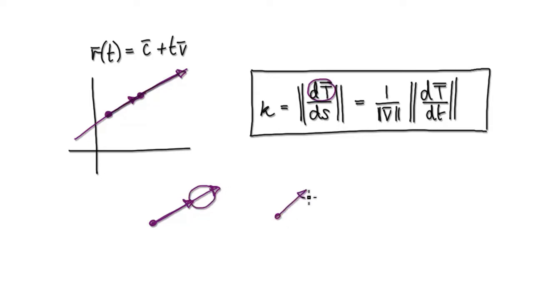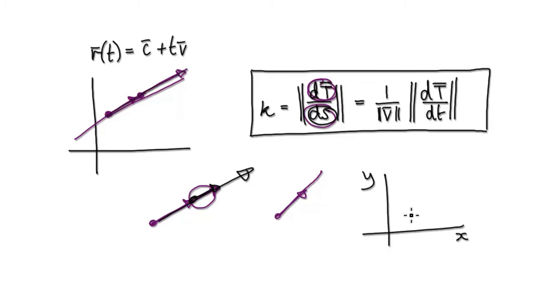But the thing is, now you've got to differentiate it with respect to arc length. Arc length is in the same direction. It's like me giving you x, y, where dx is the change in the x direction, and asking you to differentiate this.